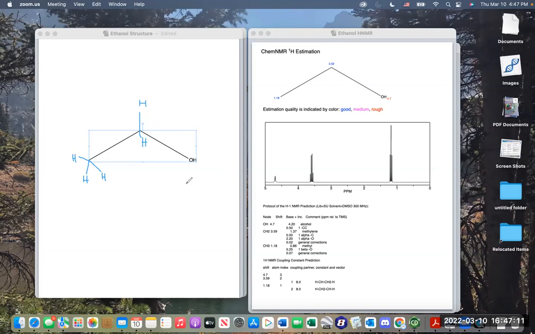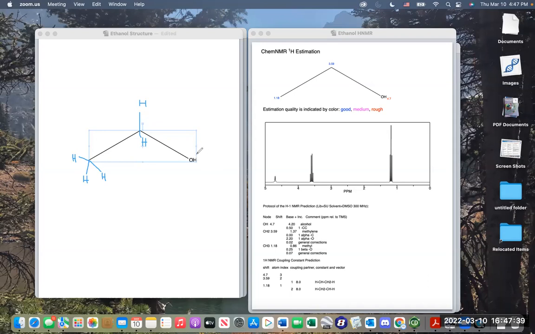So our final hydrogen is connected here to the oxygen, which makes up the hydroxy group or the alcohol group. This oxygen is a much more electronegative atom than anything else in this compound, which means it has the tendency to pull electrons towards it, and therefore it has an effect on the hydrogens in the molecule.